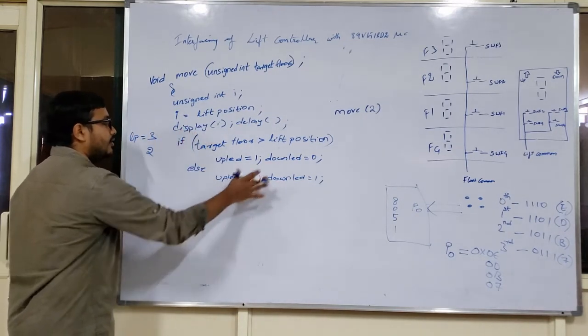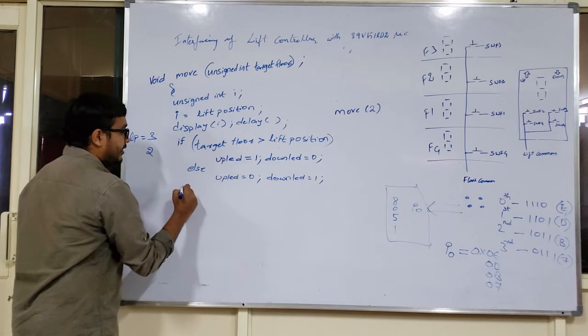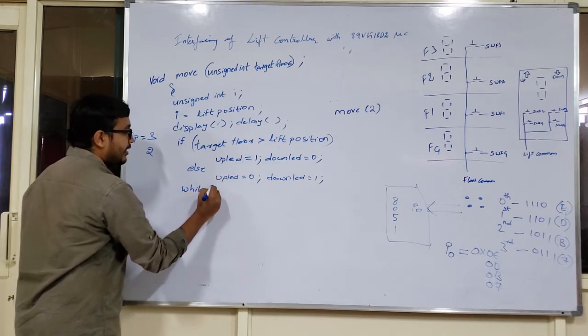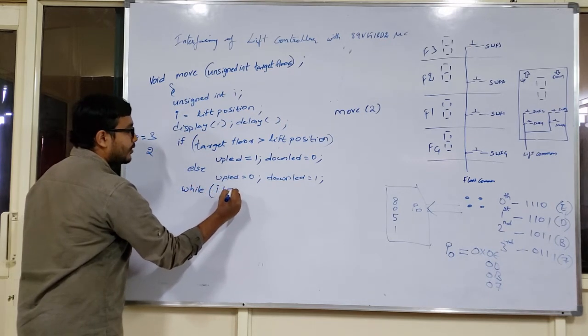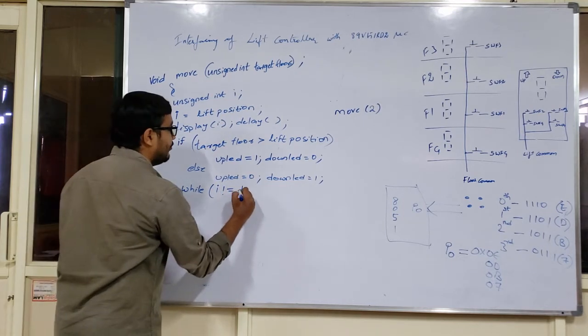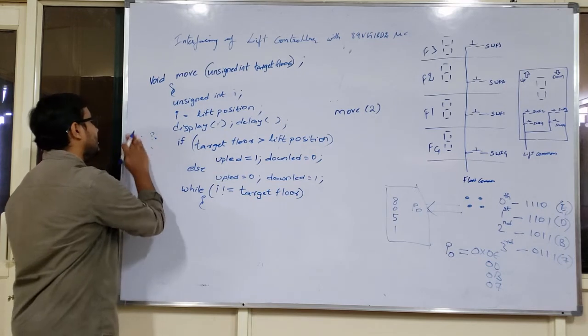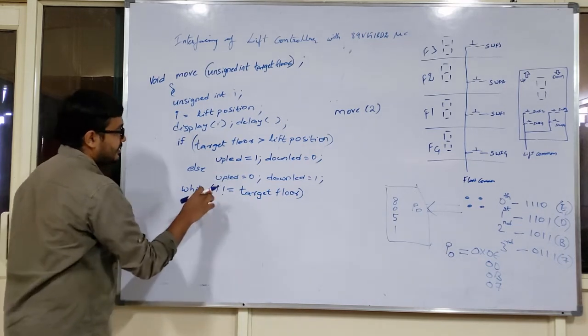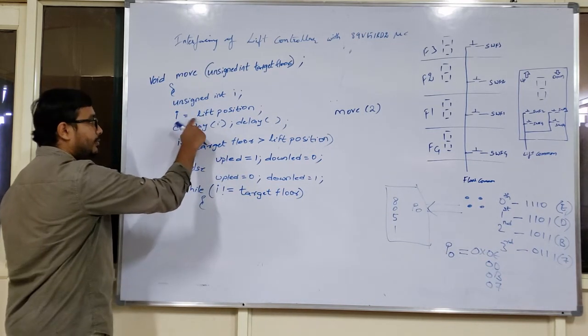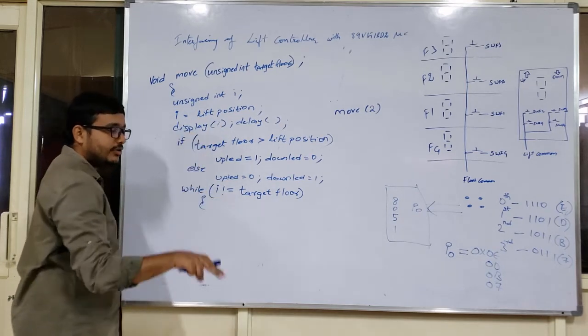All these things will happen under a condition, that is while I is not equal to the target floor. So what is this I is not equal to target floor in the sense? I is previously equal to the current lift position.